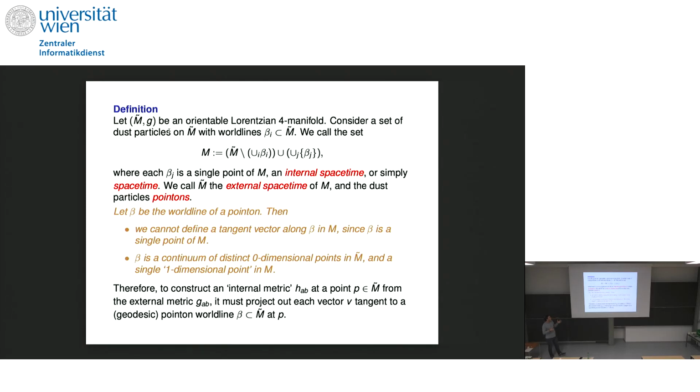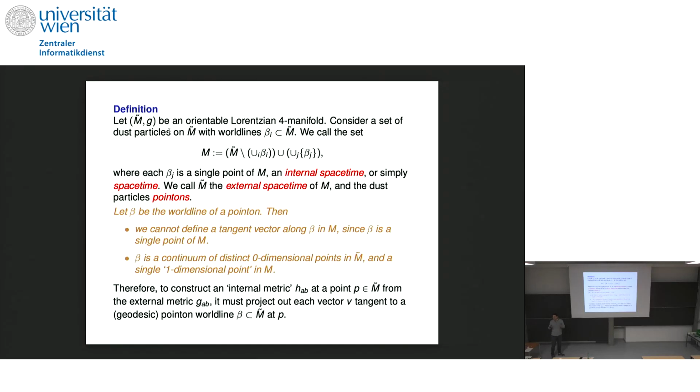So a couple of things. Let beta be the world line of a pointon. Then we cannot define a tangent vector along beta in M, since beta is a single point of M. Second, beta is a continuum of distinct zero-dimensional points in M tilde and a single one-dimensional point in M. And in geometry and topology, when you take a quotient, you contract, say, your curve to a zero-dimensional point.